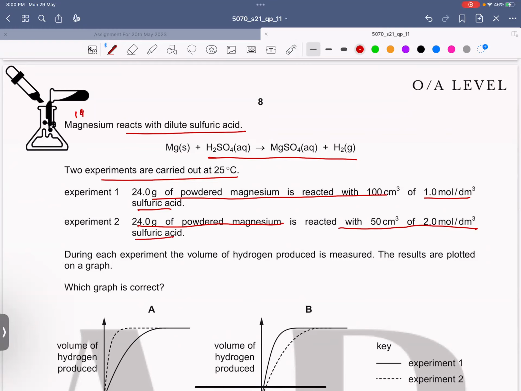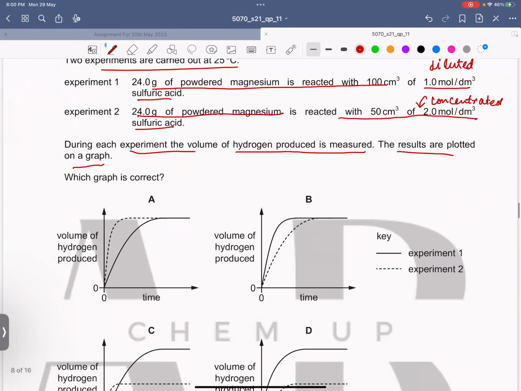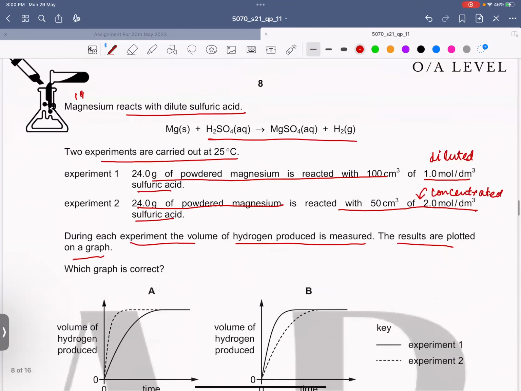If you see here, the second experiment has a more concentrated solution, while this one is relatively dilute. During each experiment, the volume of hydrogen produced is measured. The results are plotted on the graph. Which graph is correct? Experiment 2 has a dotted line and a greater gradient. But if you find the moles, both have an equal number of moles, because 100 and 1 mole per dm, and 50 and 2 mole per dm, give you the equal number of moles.